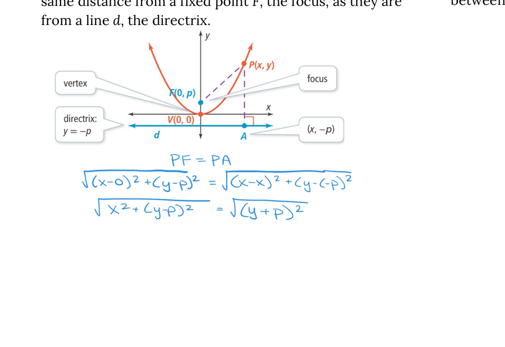I'm going to distribute the squares. My y squareds cancel each other out along with the p squareds. So I'm left with x squared minus 2py equals 2yp.